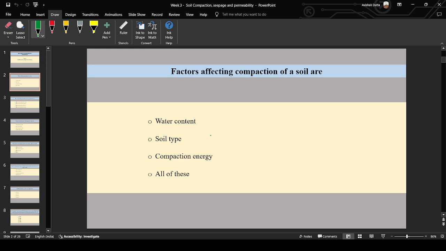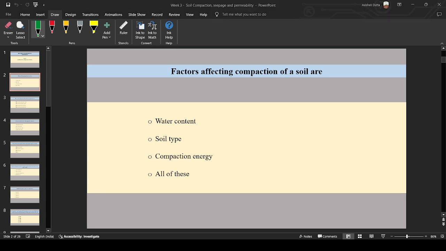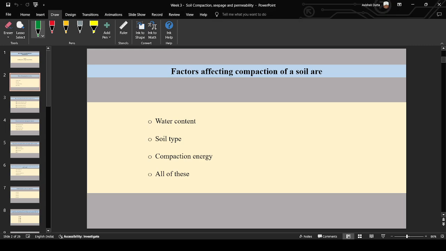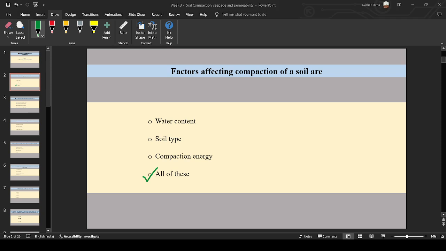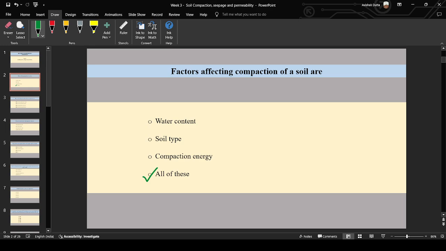That is the force with which the soil is being compacted. So here we can see that all the three, first, second, and third options are affecting compaction of the soil. So the answer is all of these. Okay. So factors affecting the compaction of the soil are water content, soil type, and compaction energy. So all of these is the answer. Okay.